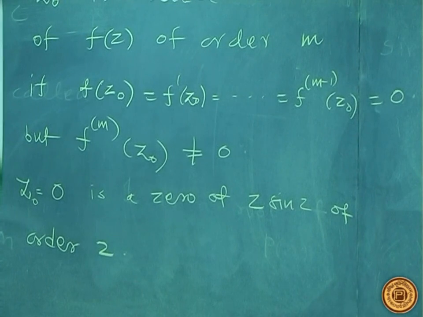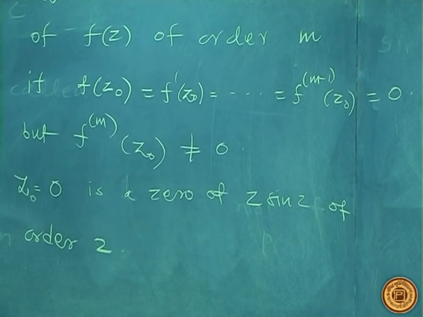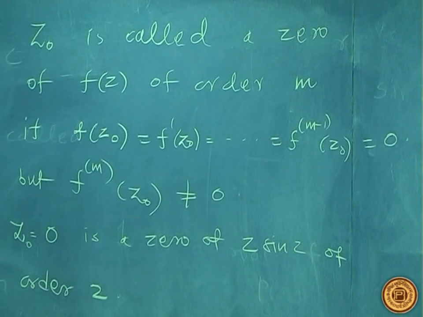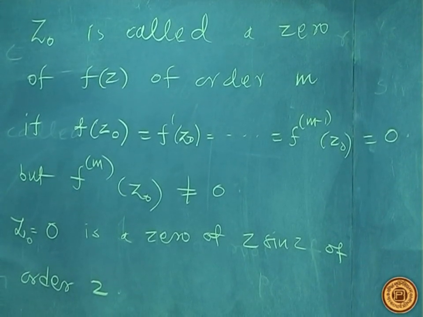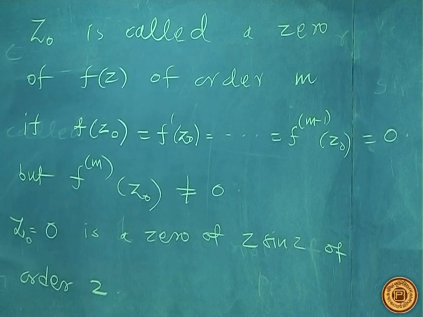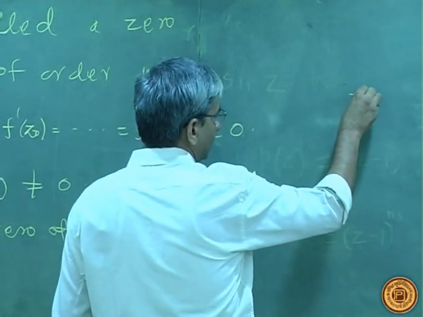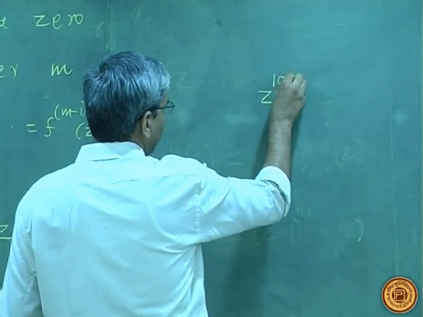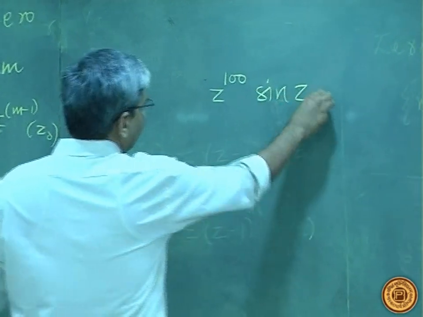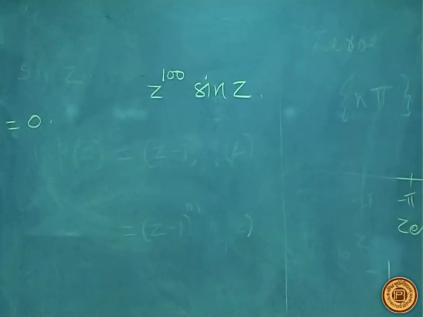Clear? What is a zero of order m? So suppose you take, say, z raised to 100 sin z.